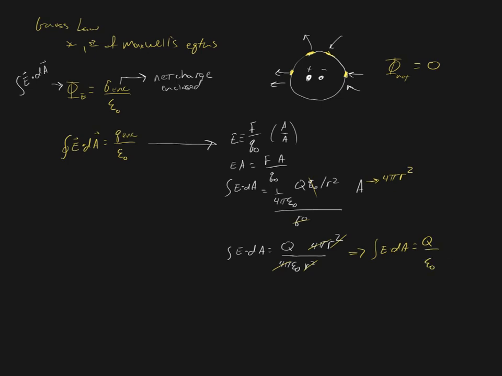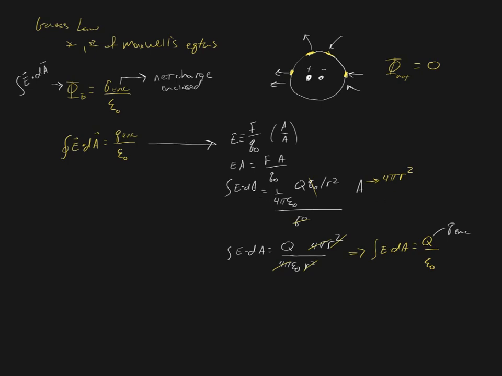And the way we typically write the source charge, it's the net source charge referred to as Q enclosed. So this capital Q and Q enclosed represent the same thing. And so you can see we've kind of derived Gauss's law from our understanding of flux. By definition, it's kind of a natural consequence.